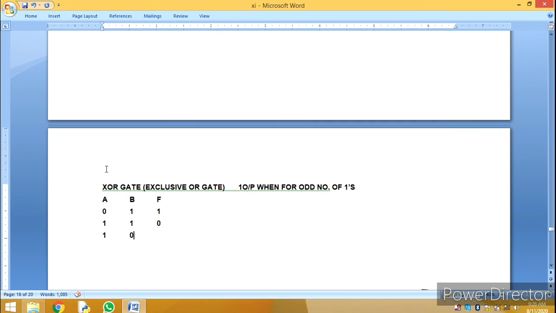Here you are having odd ones, there are two inputs, only one input is true, another input is false, so here you will be getting the true value. So this is the basic principle for XOR gate, that if the inputs are in the form of odd ones, we are getting true as an output.